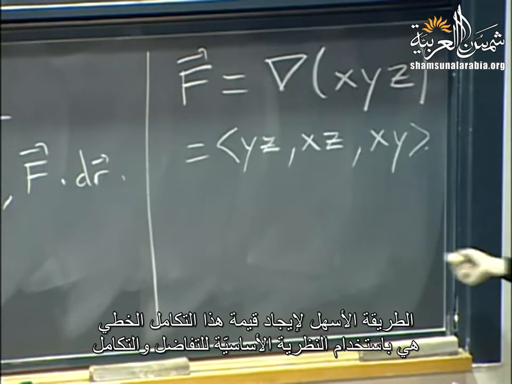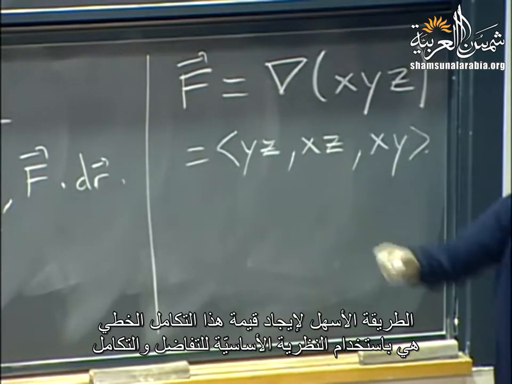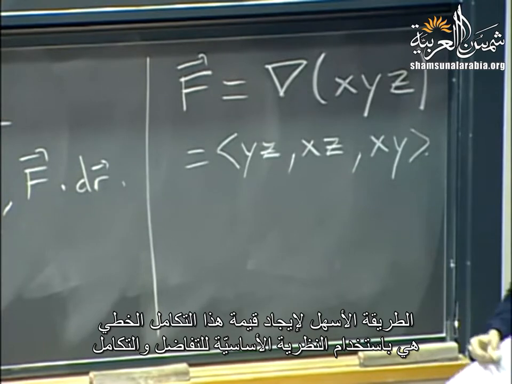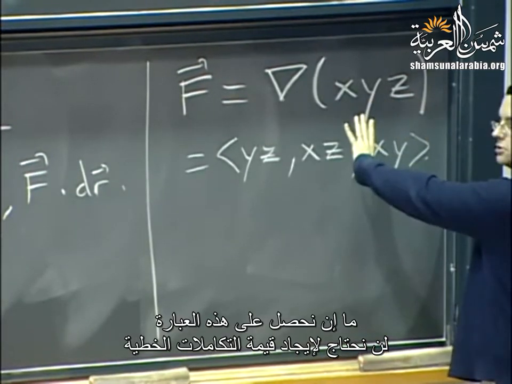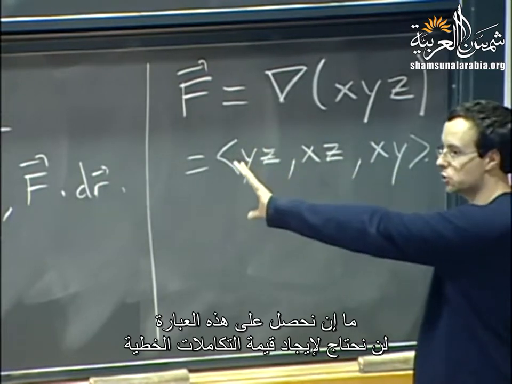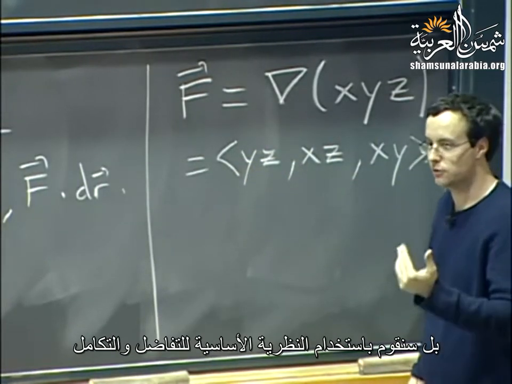And so, in fact, what was the easier way to compute these line integrals? Well, that was to use the fundamental theorem of calculus. Once we have this remark, we don't need to compute these line integrals anymore. We can just use the fundamental theorem.